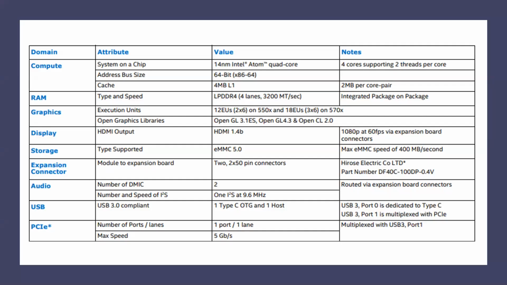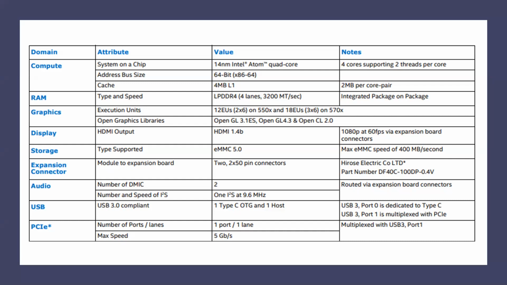Here you can observe computing. Regarding computing, the system on chip which is used here is the Intel Atom quad core processor. You might be knowing the Atom quad core processor. Here four cores are used in parallel to allow parallel computing.